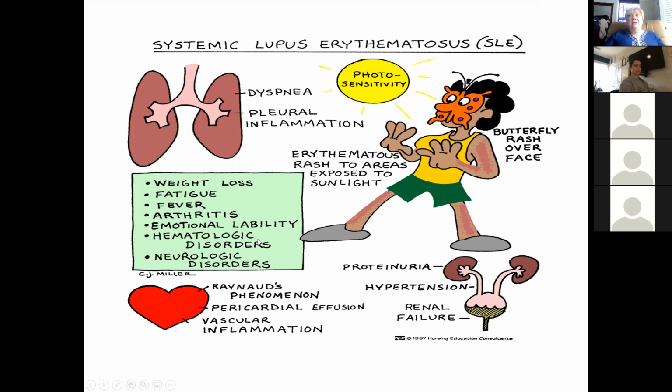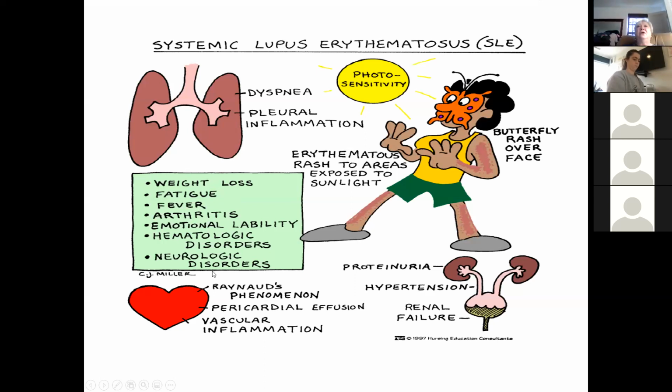Their white counts tend to drop because they're always fighting this immune response, and they can get neurological disorders if it affects their central nervous system. And the worst case scenario is when it affects their lungs, and they're going to have shortness of breath, pleural effusions, pleurisy with pain, decreased tidal volumes.